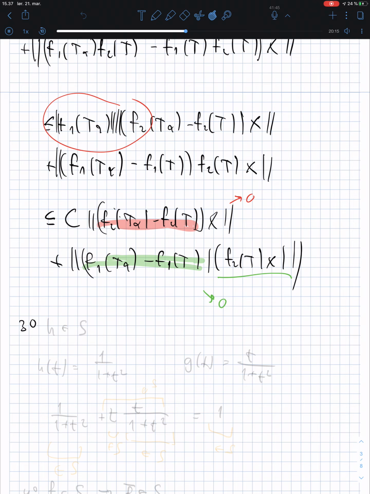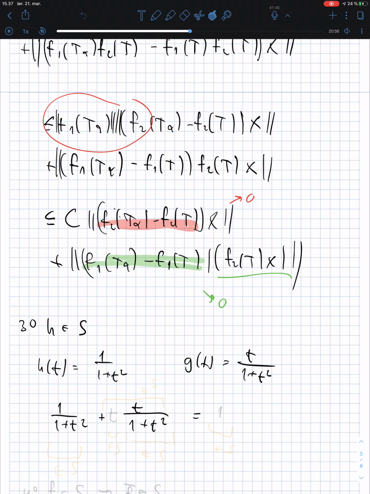Now we can conclude that, in fact, also the function that we called h lies in S, because if we perhaps write it out this way, h of t is 1 over 1 plus t squared, and we note g of t is t over 1 plus t squared. So we write it as 1 over 1 plus t squared plus t squared over 1 plus t squared.